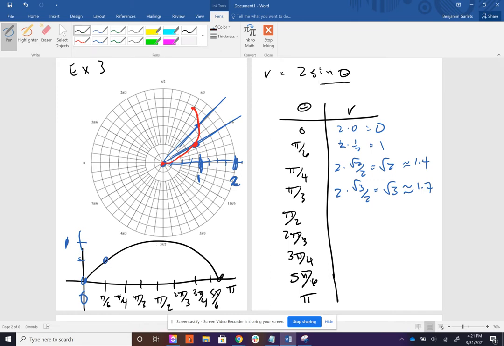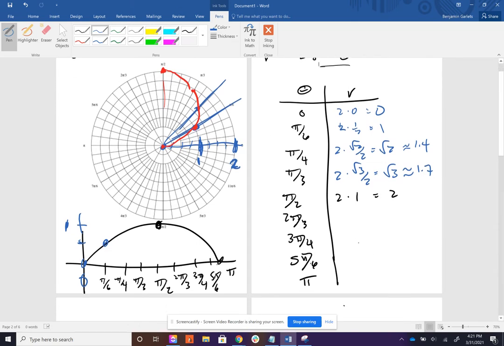Pi over 2, sine of pi over 2 is going to be 1. So 2 times 1 gives us 2, which gives us this value here. Connect that. Starting to see the shape take form. And then we start repeating our process because sine values in the first and second quadrant are positive.